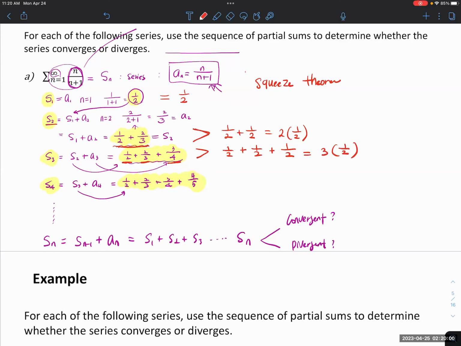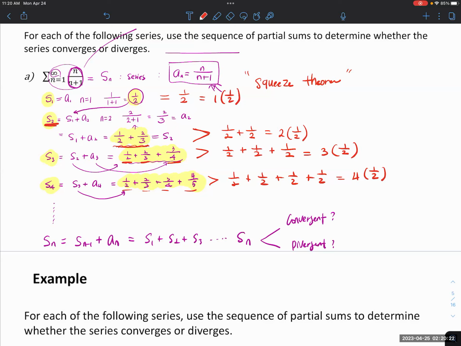I'm just making the squeeze theorem. Each term is larger than 0.5. So 4 times 1/2. Therefore, I can make some relationship. So this is 1 times 1/2.